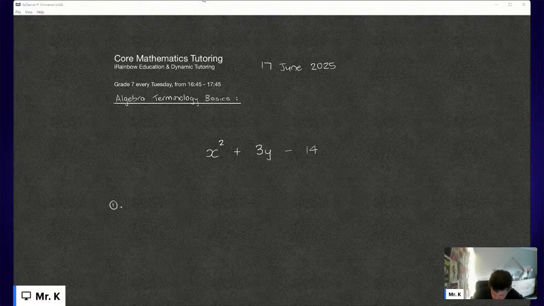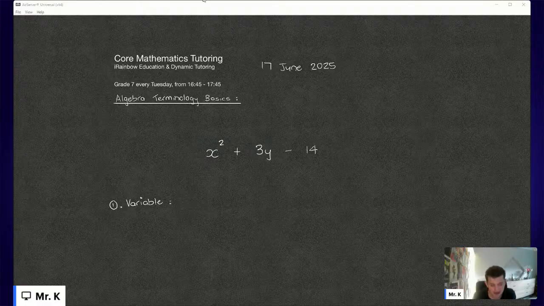Okay, write it towards the top of your page. And let's start by discussing the most important word out of all of the words that we're going to be discussing today. What is a variable, grade 7?